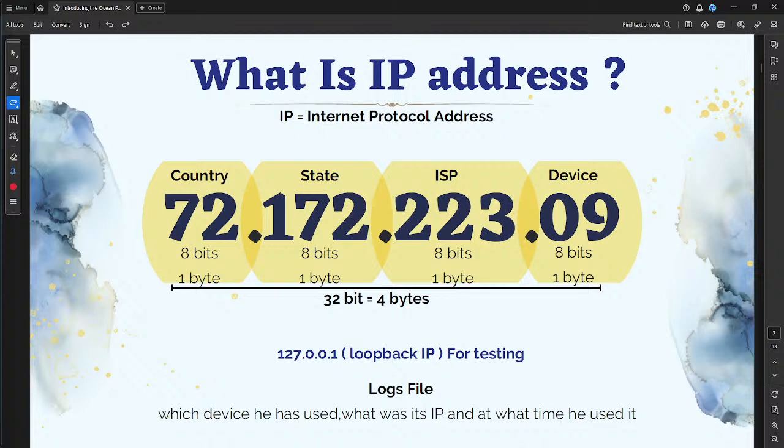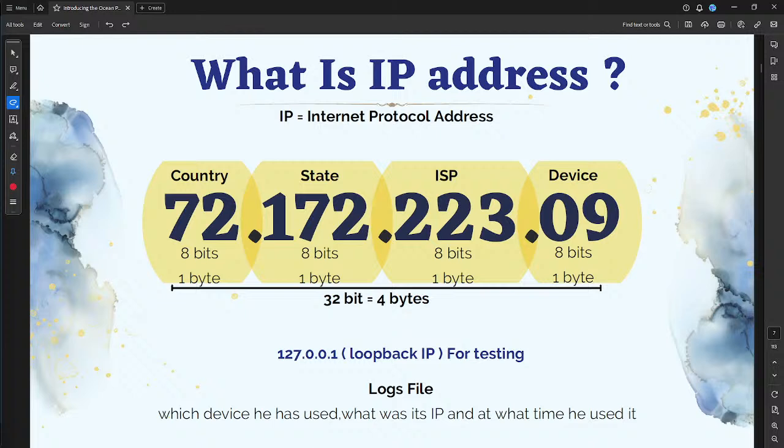So I was explaining what an IP address is earlier, and I made mention of each of the four octets comprising what is known as 8 bits.